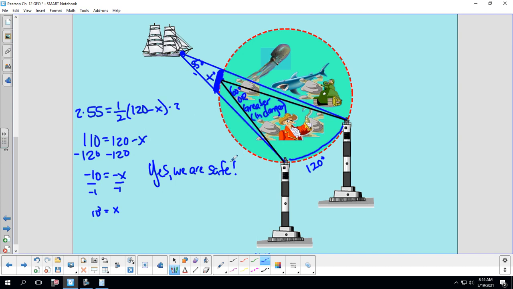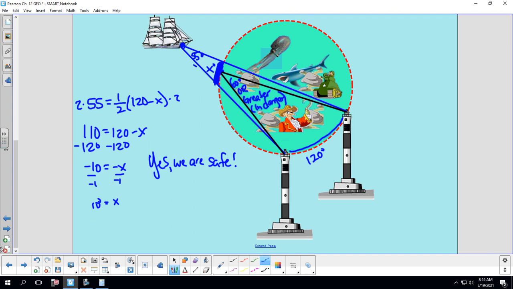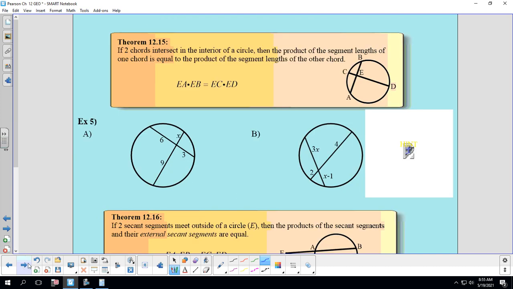All right, let's take a look at our next theorem. If two chords intersect in the interior of a circle, go ahead and draw this. We have two chords intersecting, label them A, B, C, D, and then the center one will be E. E is where these two cross.